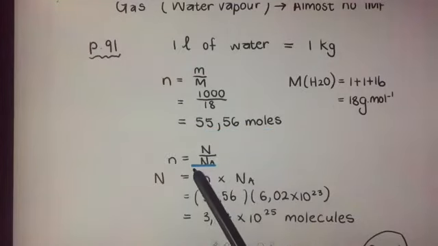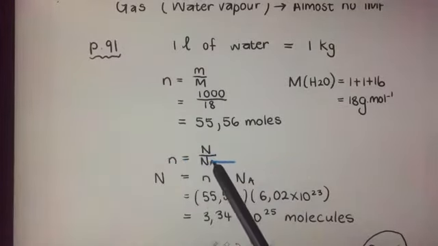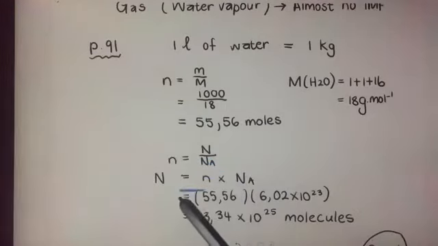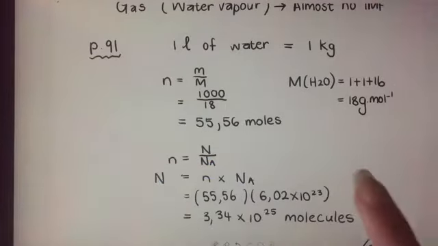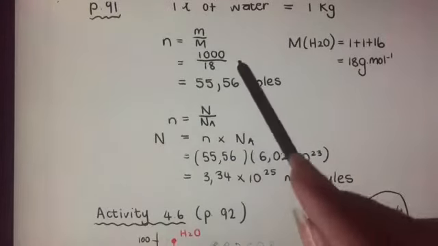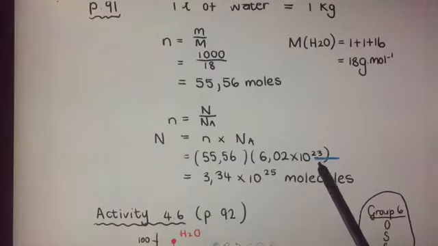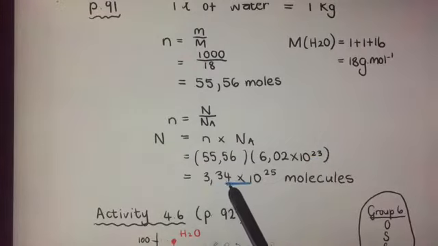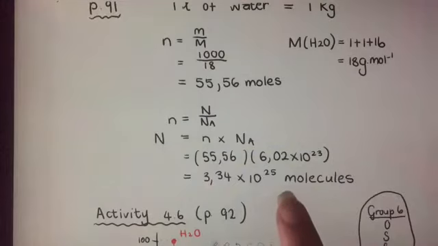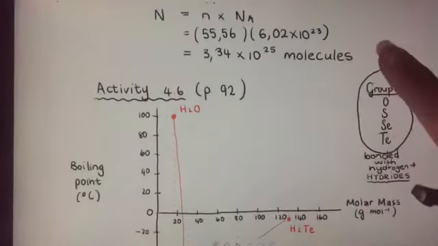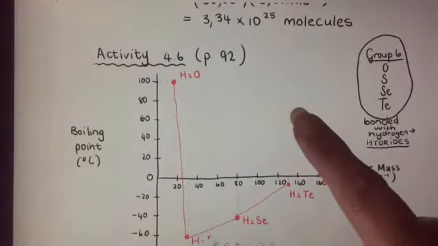Then if I use the other mole formula, number of moles equals the number of particles divided by Avogadro's number, so number of particles will be equal to my answer from there times 6,02 times 10 to the power of 23, which gives me 3,34 times 10 to the power of 25 molecules, which is a lot of water molecules.